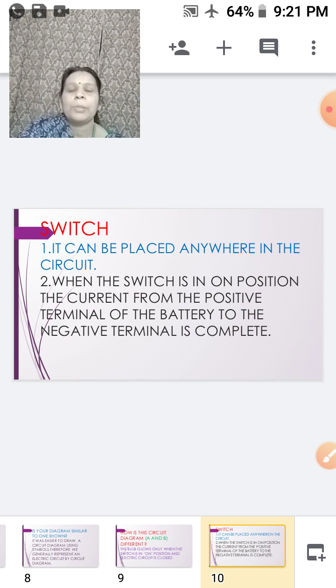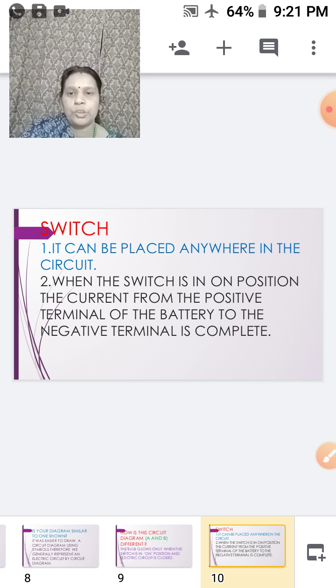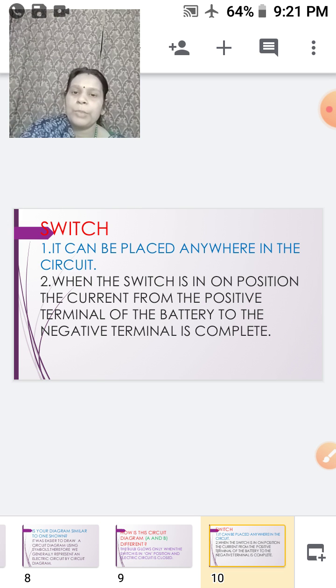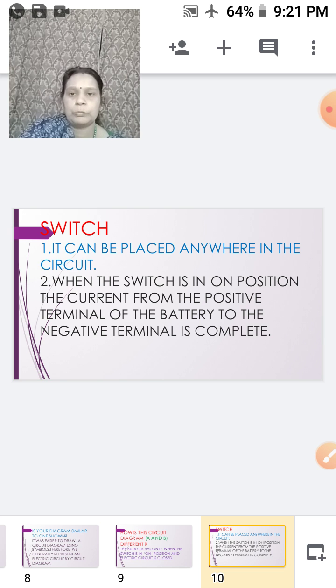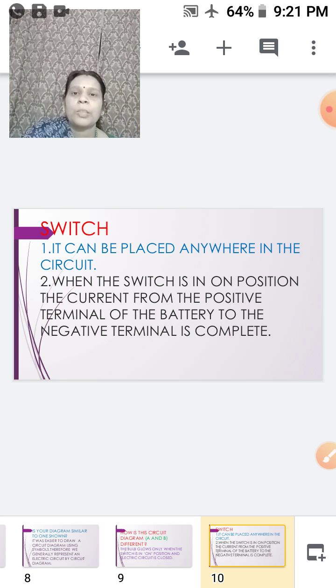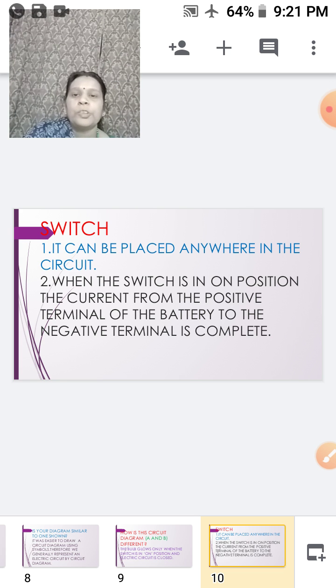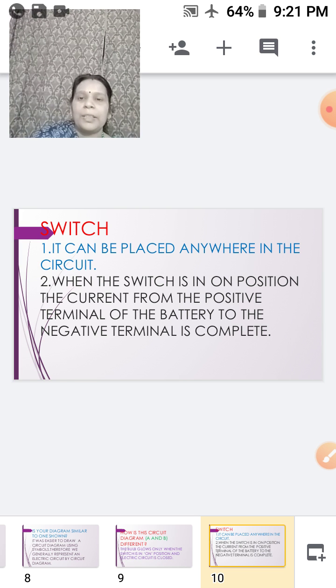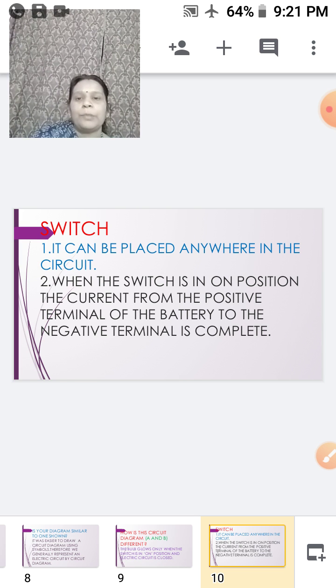Now, we will be studying the component switch, where it can be placed, how it can be placed, and how it works. When we start with it, it can be placed anywhere in the circuit. There is no specific place for a switch to be placed in a circuit. It can be arranged anywhere within the circuit.